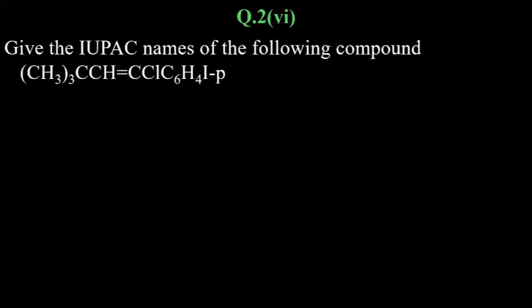Then the sixth one, you said. The sixth one has a double bond, C double bond C, and on the right-hand side, on this carbon you have chlorine and then you have a benzene ring. And on the para position you have iodine. On the left-hand side you have CH, then you have C. On this C you have 3 methyl groups.